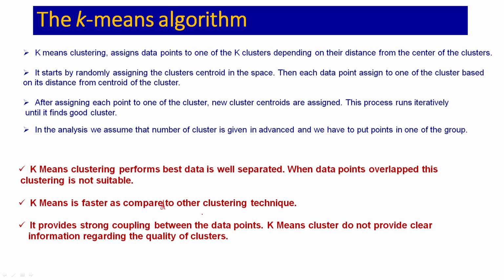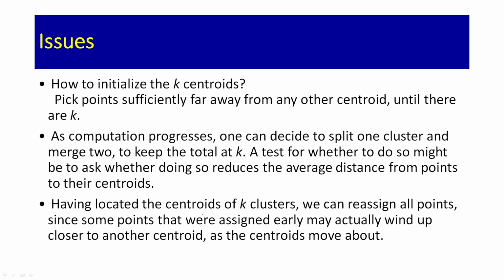So, K-means clustering is, from a layman's point of view, a rudimentary clustering technique. It is very fast and widely used, that is why, right. Shopkeepers' data can be easily separated: which customer is buying which kind of products, what kind of shampoo they are buying, can easily be clustered using this kind of data. So, what are the issues here? The first issue is that we have to pick points sufficiently far away from the centroid, right.